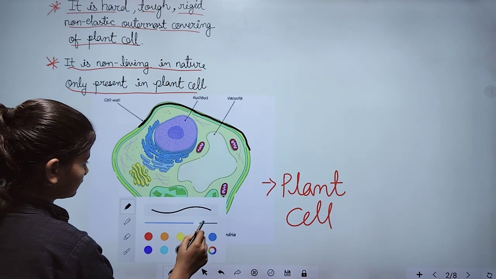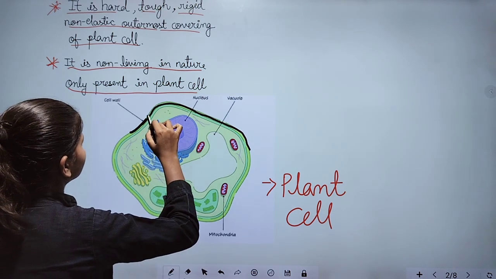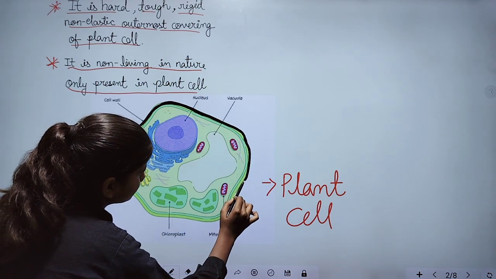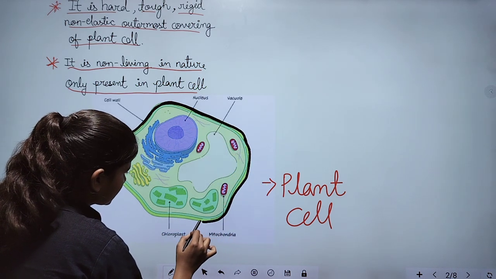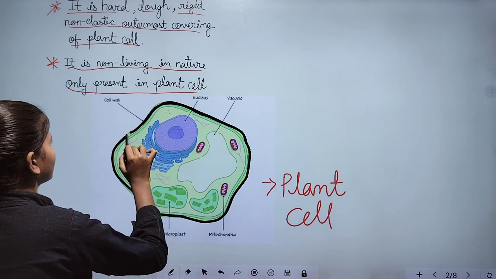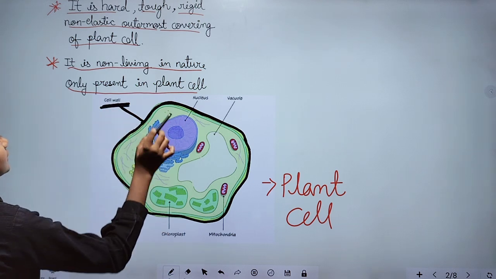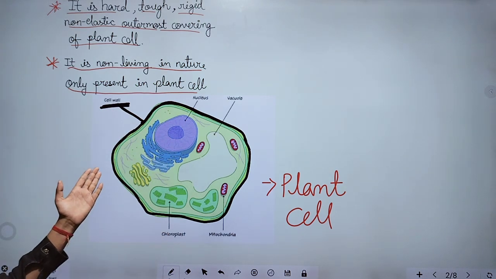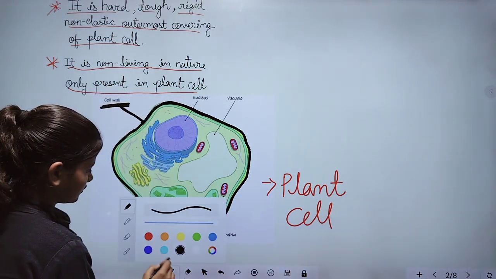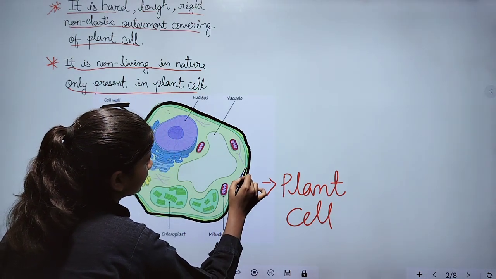Cell wall. The outermost covering of the plant cell is the cell wall, and inside the cell wall is the plasma membrane.